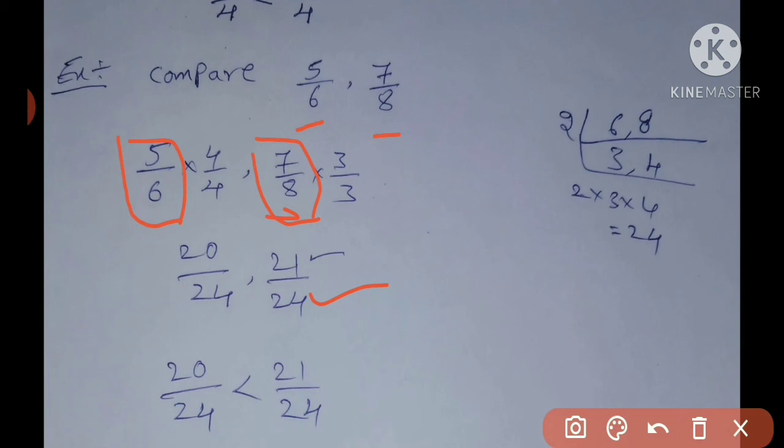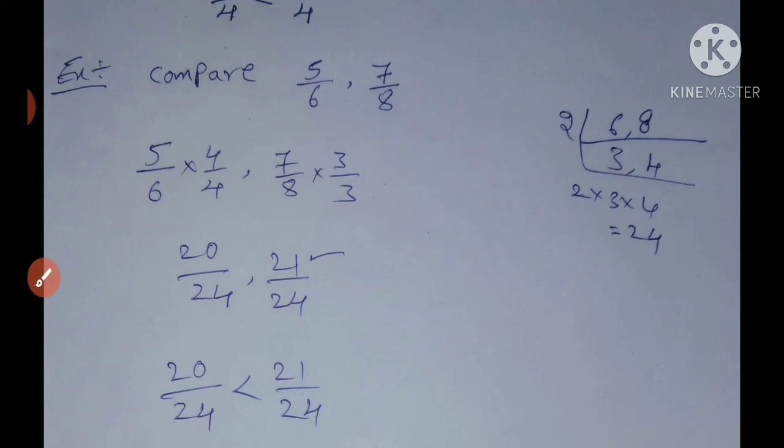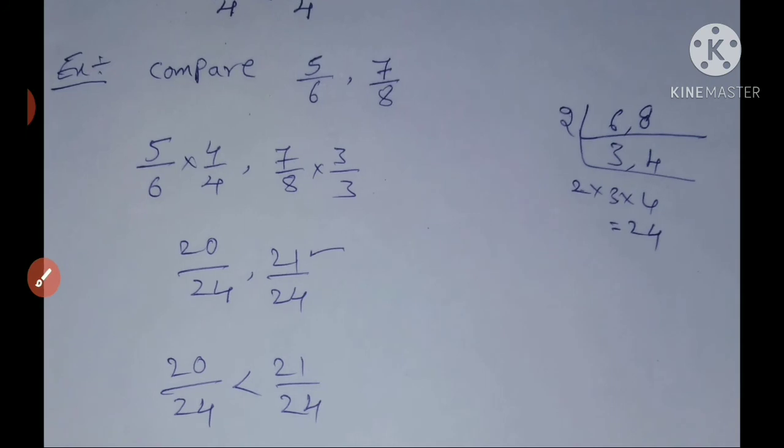So 20 by 24, comma, 21 by 24. Now compare these two fractions.